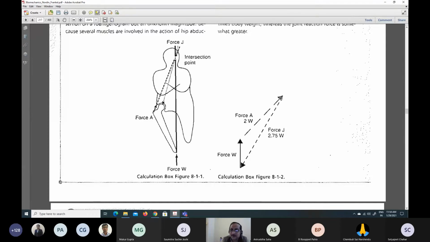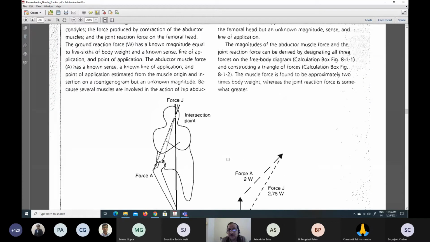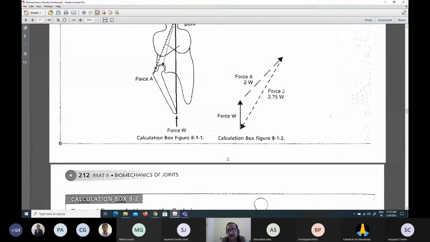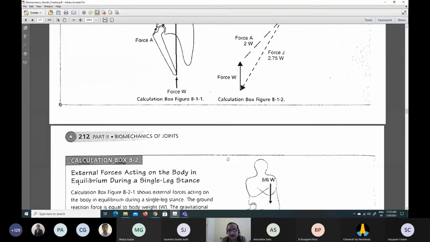So the quadricep muscle force is a very important muscle force in the hip joint. If we consider these three as coplanar forces, they constitute a triangle of forces and keep the body in equilibrium.